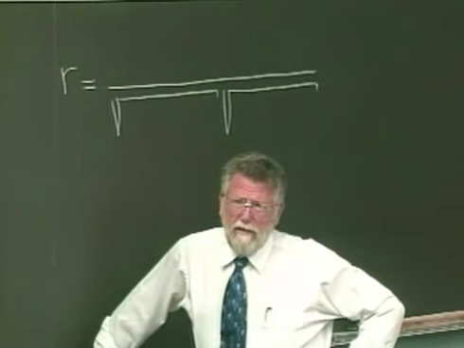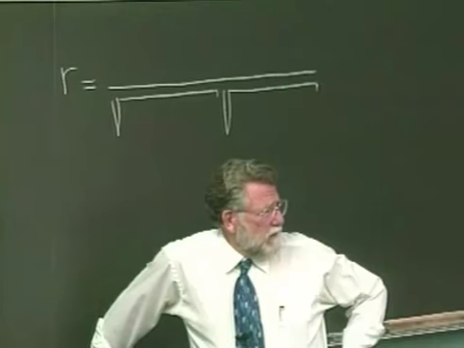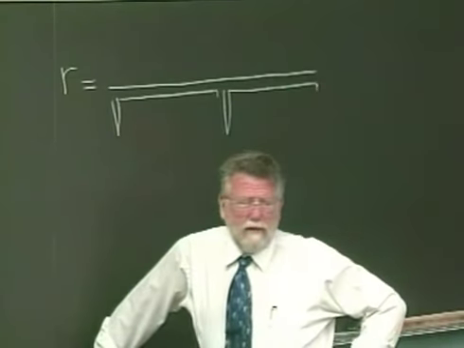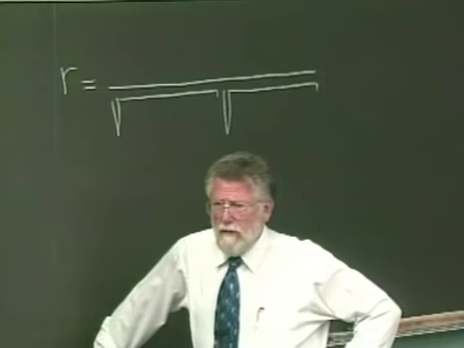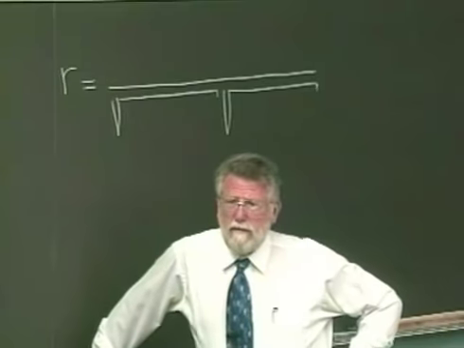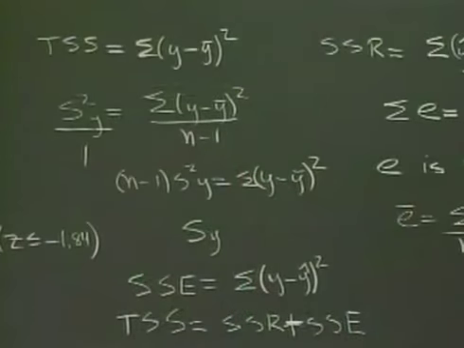Okay, at this point with camera 1, Jennifer, could you go right below the clock where it says s squared sub y equals the summation of the y minus y bar quantity squared over n minus 1? Can you go there, please? That's what I want. What do you call that formula for s squared?